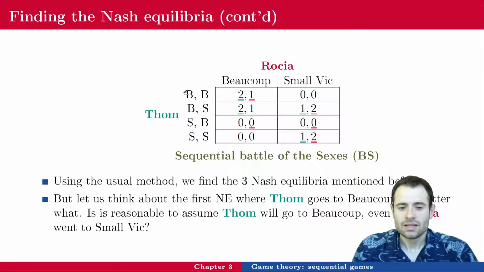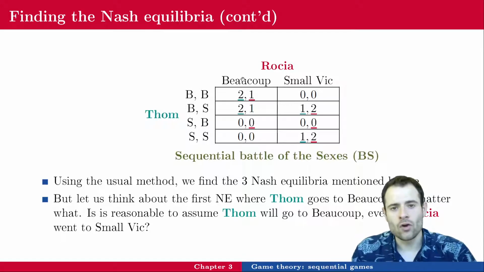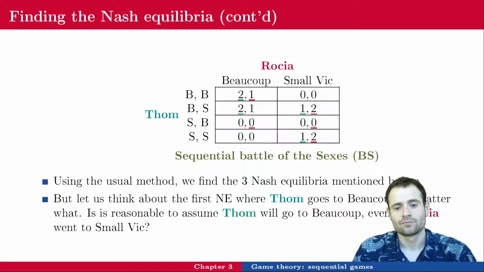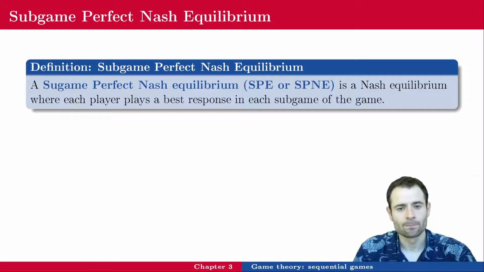So this strategy is a best response when Rosia goes to beaucoup, not when she goes to small victory. But because the game is sequential, we would like to make sure that whenever it is a player's turn to play, he is going to maximize his payoff. And this is why we need subgames.